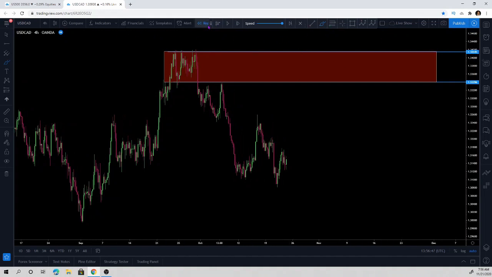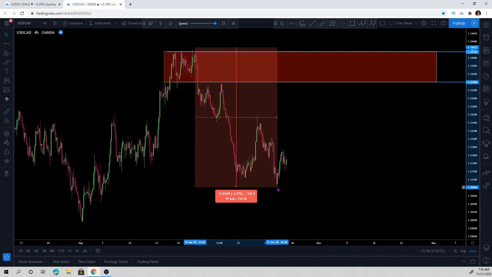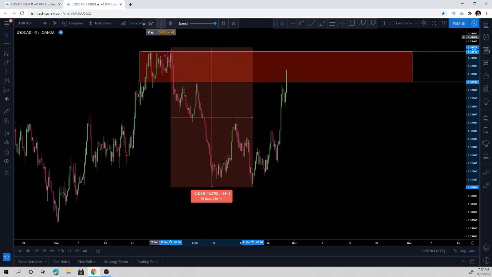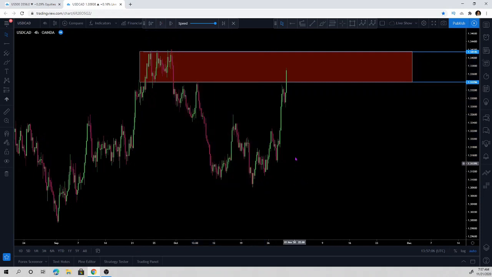Price continues to go down from the highs of the moves to the lows of the moves. We have gone down 350 pips, 344 pips. So let's continue. And now we have a spike high, right? We have a spike high right into our area of resistance.